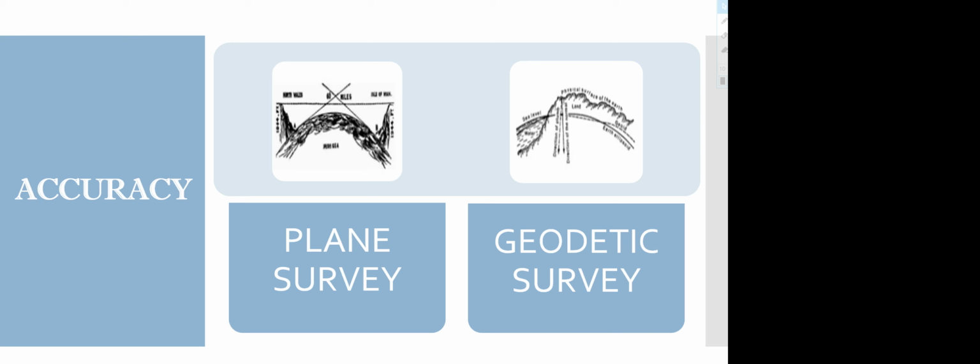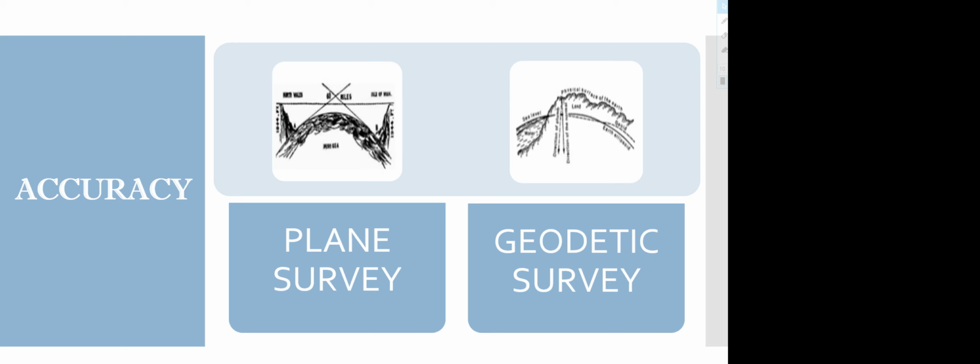Firstly is accuracy. We all know that the earth surface is not flat; it is geodetic, or you have a lot of undulations on your earth surface. Plane survey is one method where you will not have any exact reference, and the outline of your surface is kind of negligible when you do a plane survey.